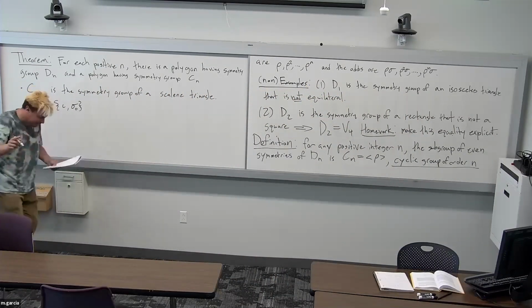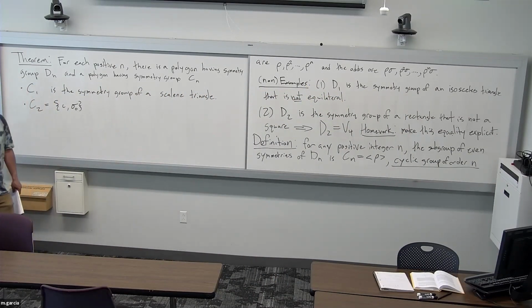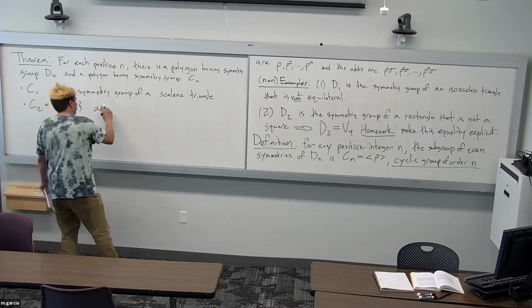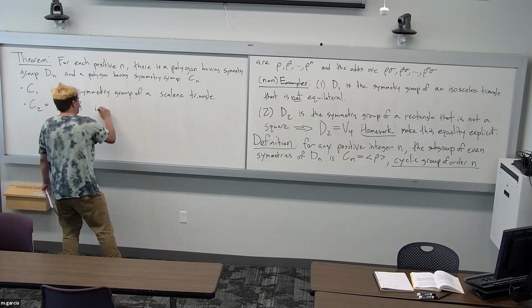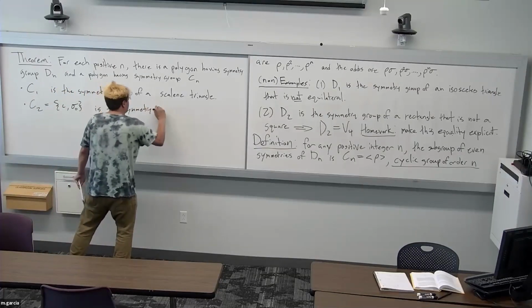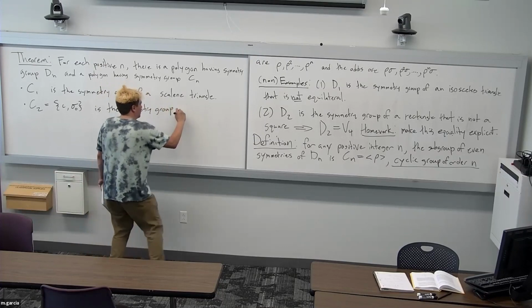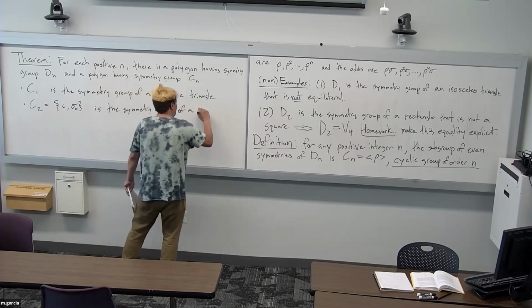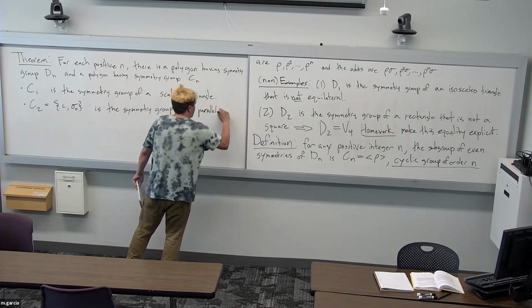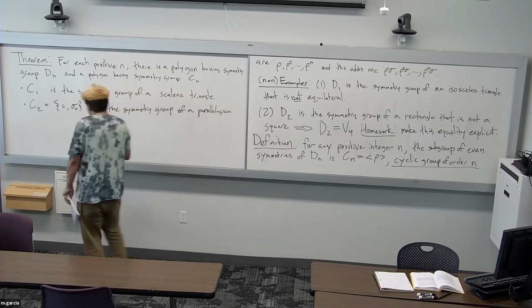A parallelogram that isn't a rhombus. C2 is the symmetry group of a parallelogram that is not a rhombus.